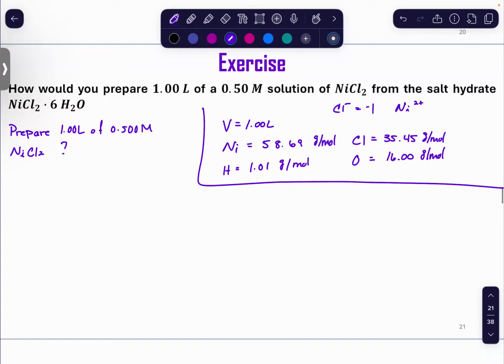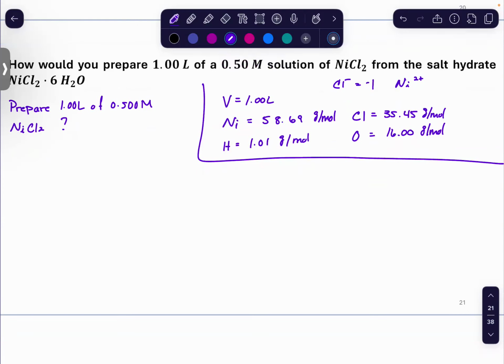So we want the molar mass of this entire hydrate, because if we just did a straight calculation using only nickel chloride, we're not going to get enough nickel chloride. We want to make sure we incorporate all the mass of the entire hydrate. That way we know when we get our specific amount of nickel chloride, it has the proper number of moles in it.